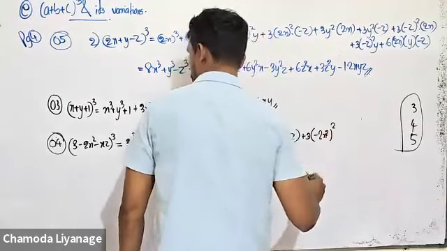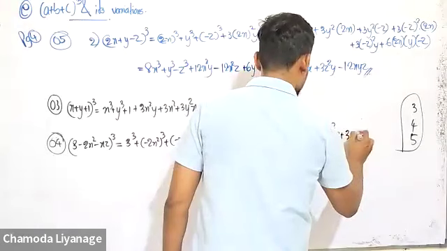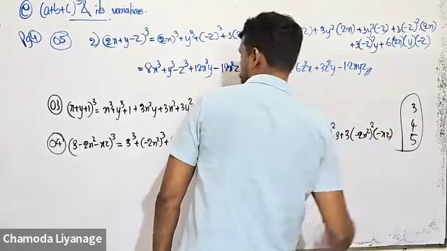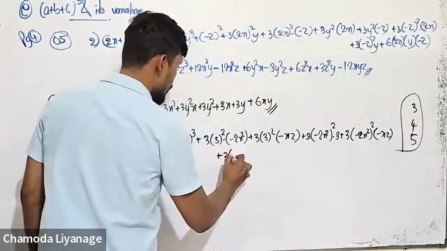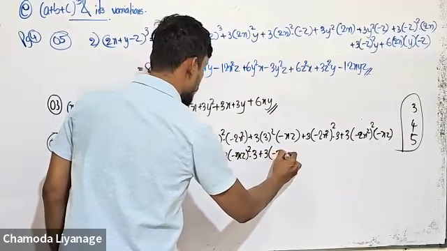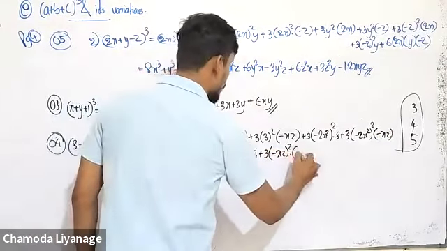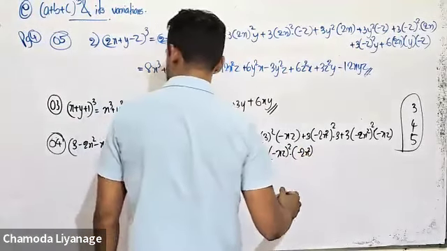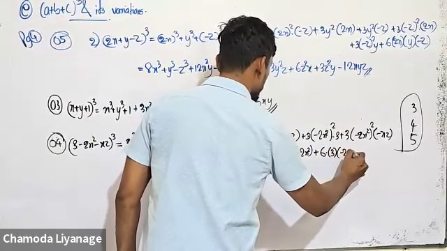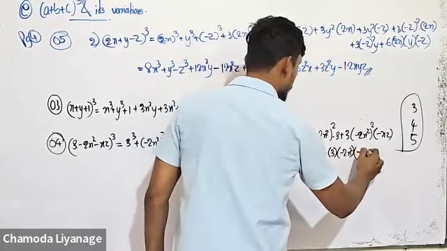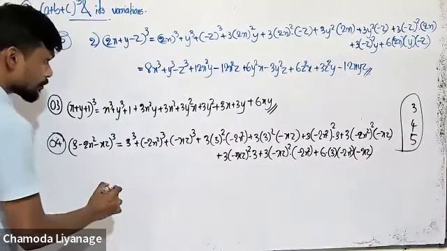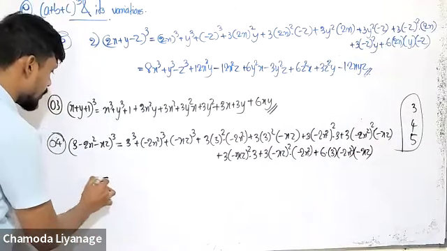Minus 2x squared squared into 3, minus 2x squared squared into minus xz, minus xz squared into 3, minus xz squared into minus 2x squared, plus 6 into 3 into minus 2x squared into minus xz, right? Now the simplification part.